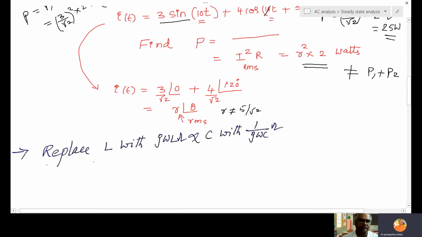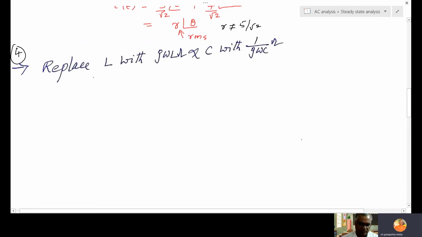Next, the fourth statement is: replace inductor with j omega L, capacitor with 1 by j omega C. Why is it like this? Why are we doing like this? So let's explain this with an example.